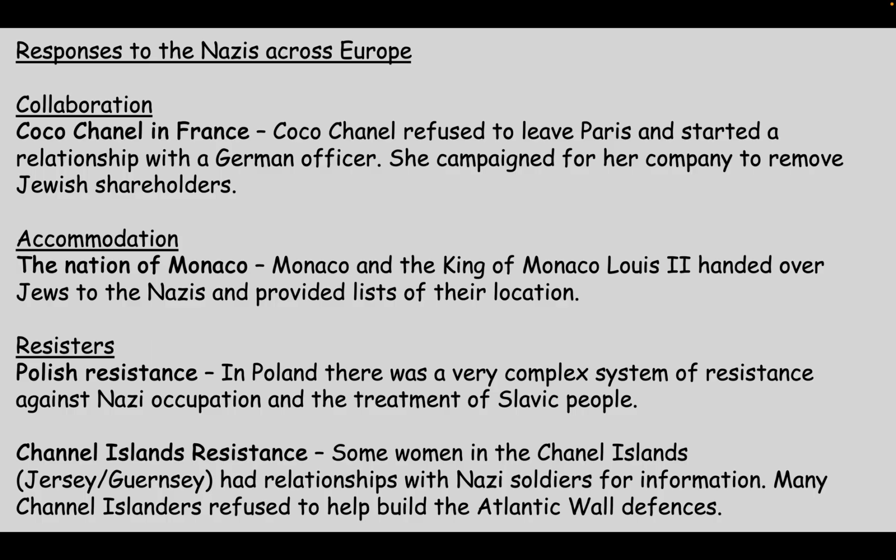So many women had relationships with Nazi soldiers to get information out of them, to pass on to the resistance networks. And when they were building the Atlantic Wall defences, many Channel Islanders were asked to help build this wall, and they refused. So again, we've got an example there of Channel Islanders resisting.